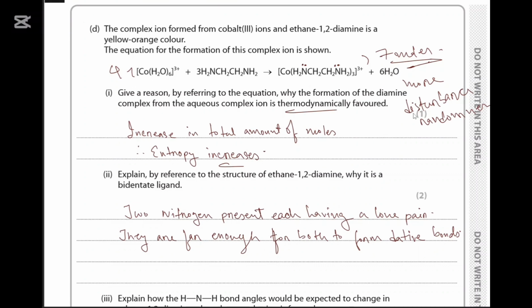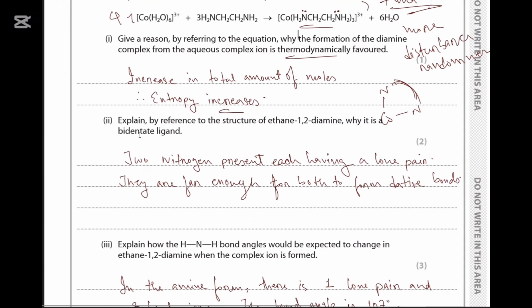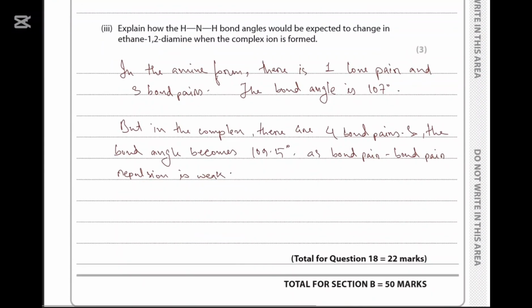Since they are far apart from each other, they can cover two bonds to the cobalt. Here one N, here one N, and the chain is long enough. Therefore, it can act as a bidentate ligand.